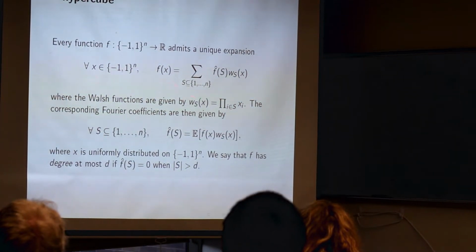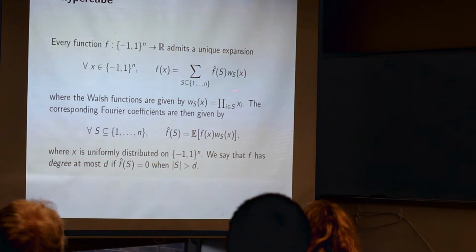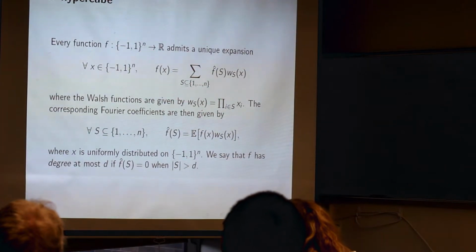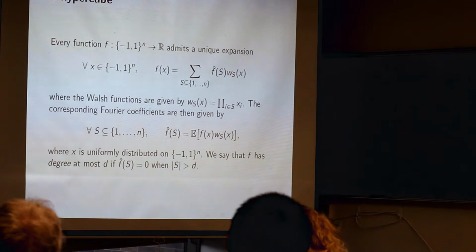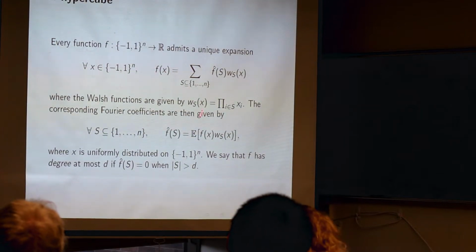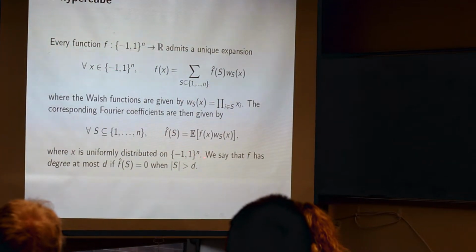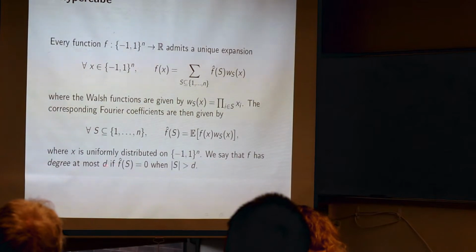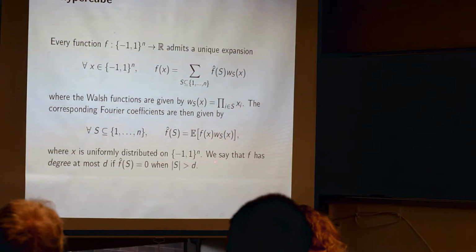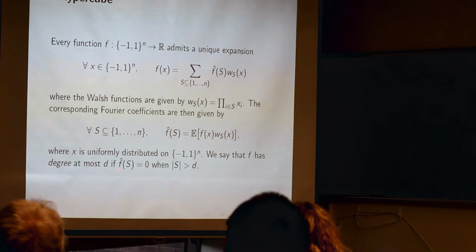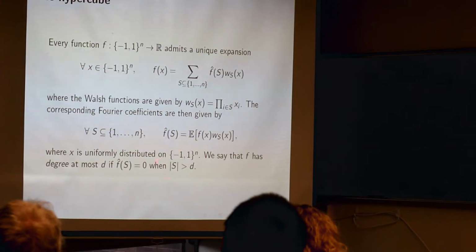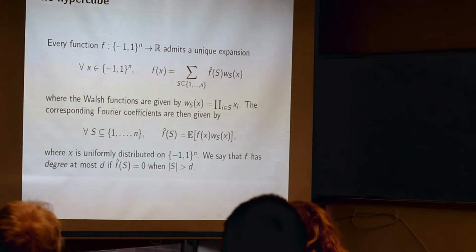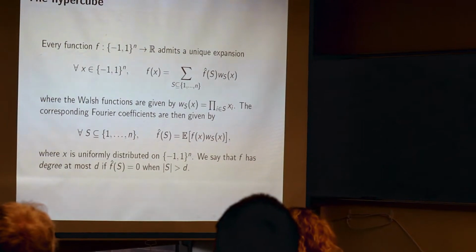So every function on the cube admits a unique expansion as a multilinear polynomial of degree at most n, since x_i squared is equal to 1. If we have a number d smaller than n, we say that f has degree at most d if the Fourier coefficients corresponding to larger subsets are equal to 0. So there's a notion of an algebraic degree for functions on the cube.